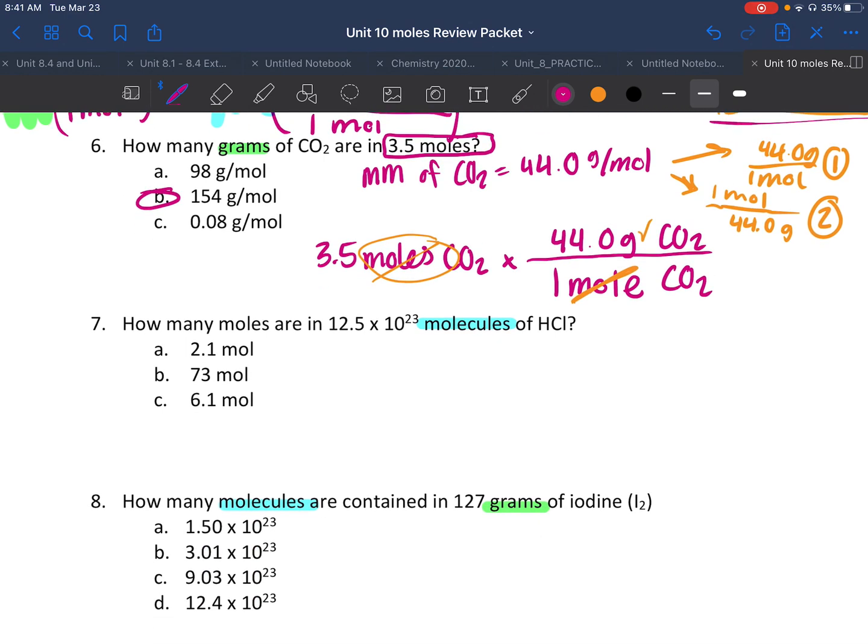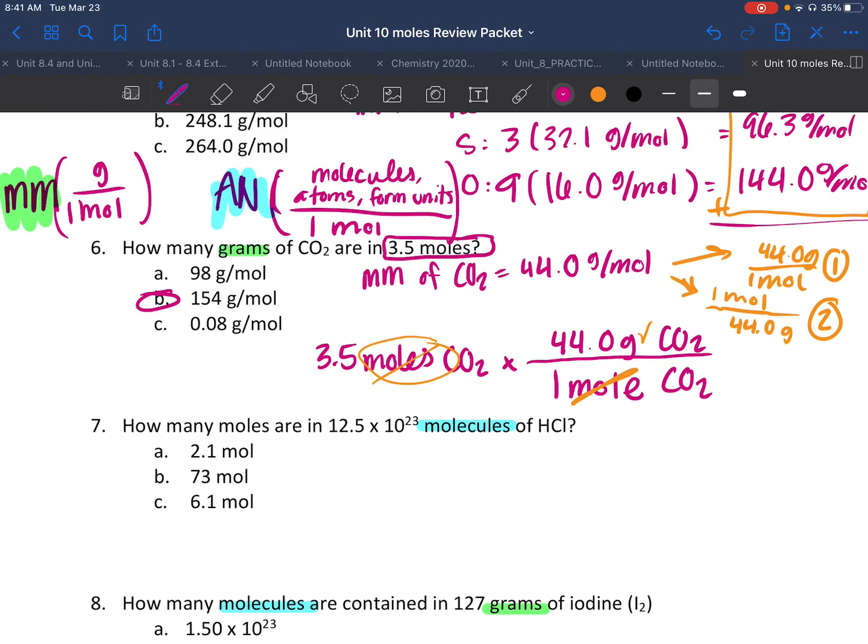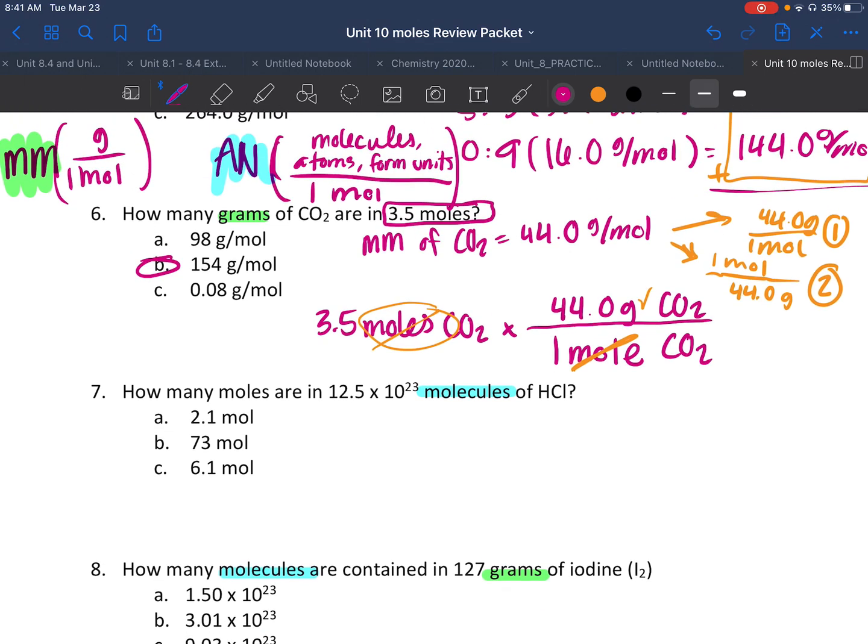All right, number 7. So here we have molecules, so we're using Avogadro's number. So I'm just going to write out Avogadro's number. This is defined as 6.02 times 10 to the 23rd molecules in 1 mole.